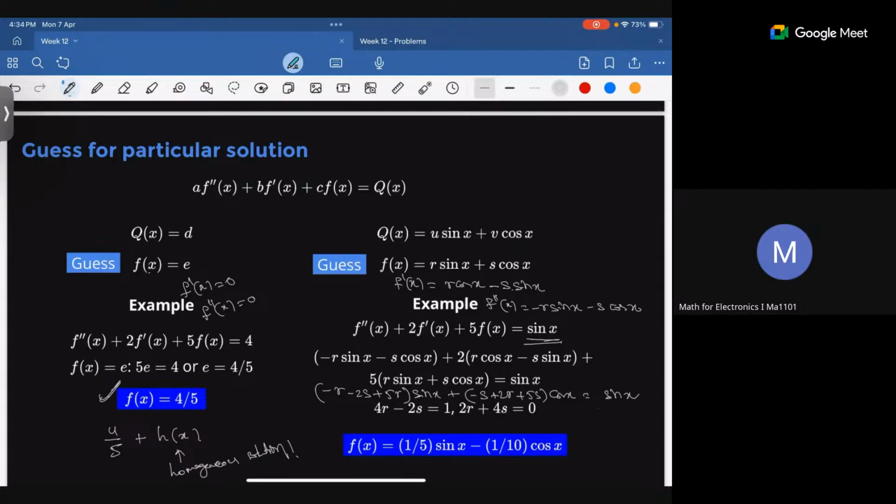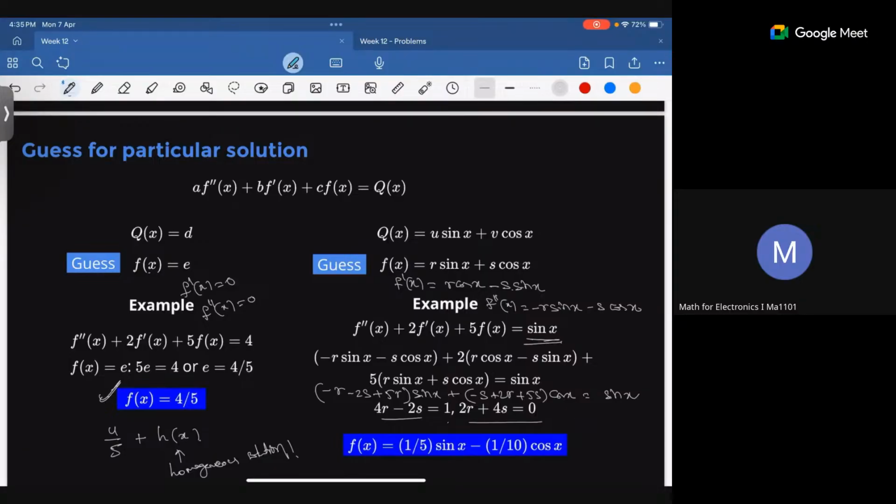The right hand side sin x coefficient is 1 and the left hand side sin x coefficient is 4r minus 2s. Both should be equal, so 4r minus 2s equals 1. The right hand side cos x coefficient is 0 and the left hand side cos x coefficient is 4s plus 2r, so 2r plus 4s should be 0. Those are the two equations, and we solve for r and s.